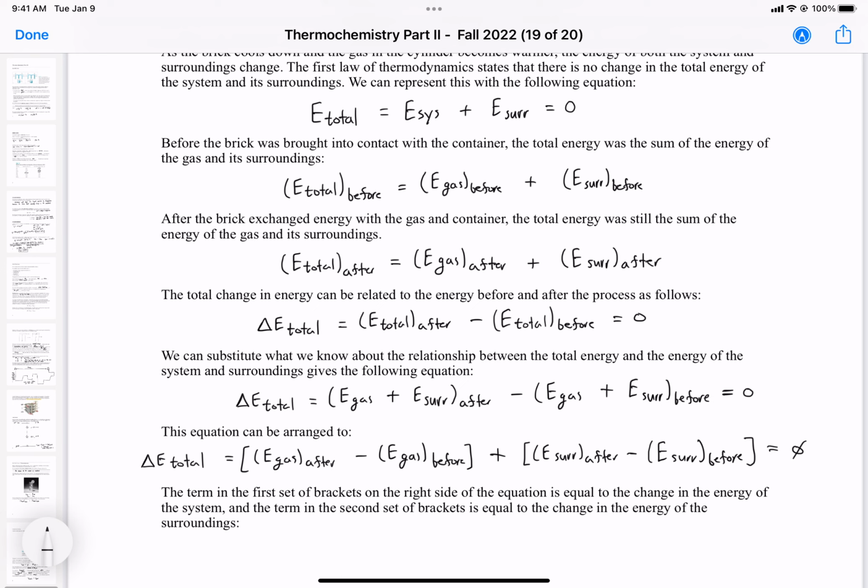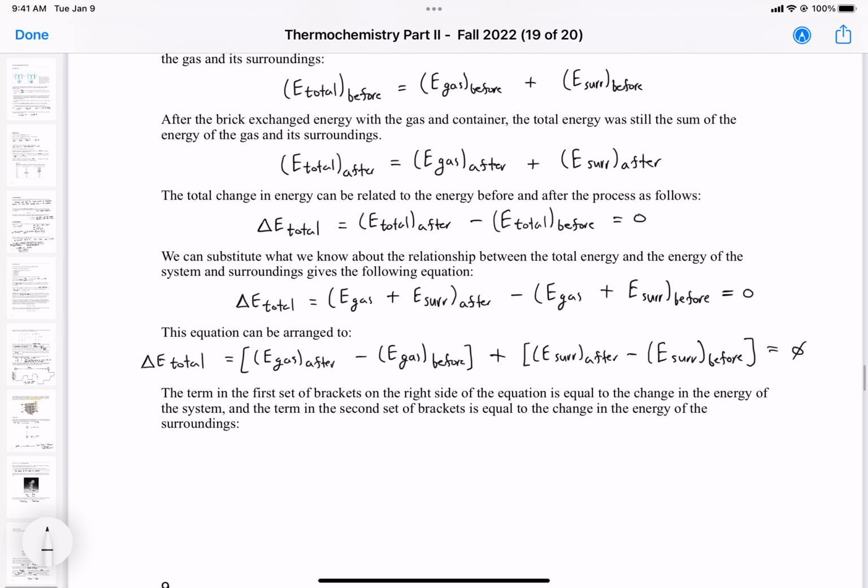So we're combining the like terms here, surroundings and gas. Okay. So, since we have these differences here, we could further simplify this as the change in the total energy. I know there's a lot of terms here.